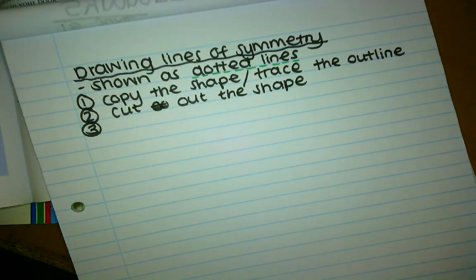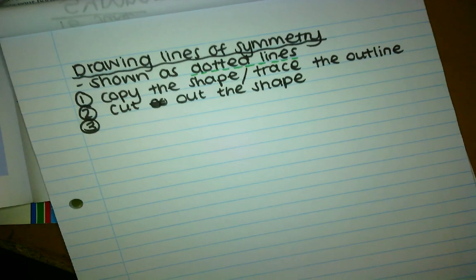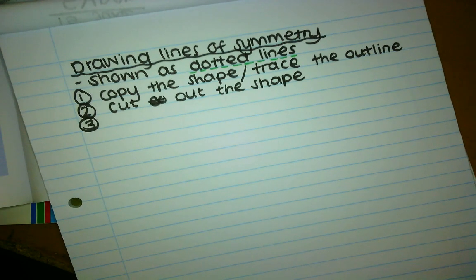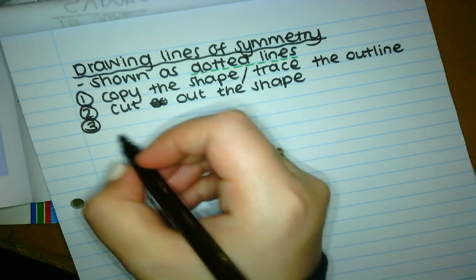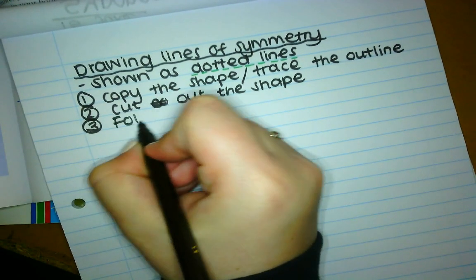It's pretty self-explanatory, but I want you guys to just have it in your book. Okay, so then you cut out the shape after you've drawn it. And then you fold.